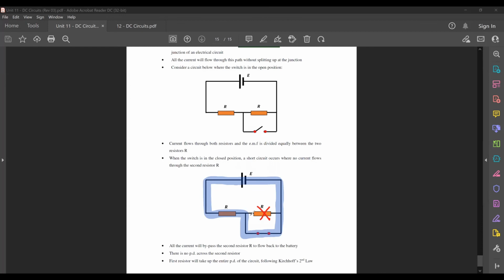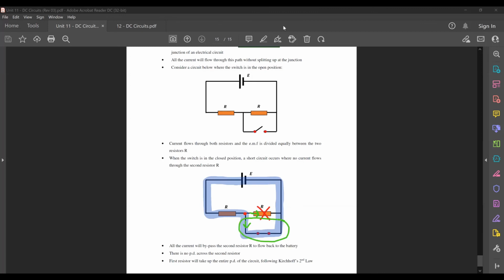The reasoning is that at this junction, current ought to be able to flow in this direction as well as in this direction. But there's something special about the path at the bottom part.